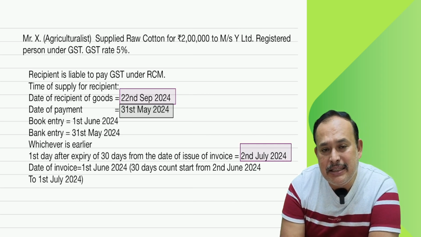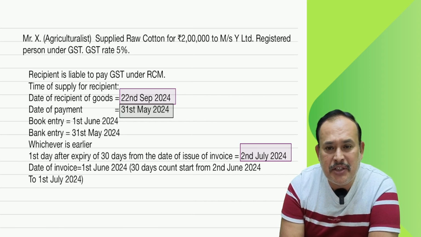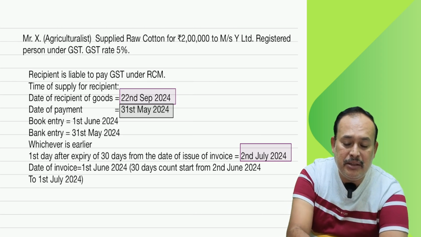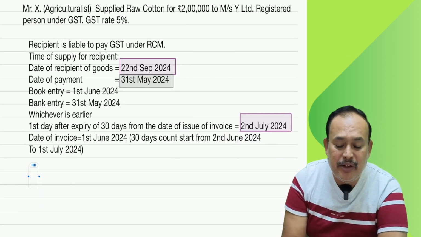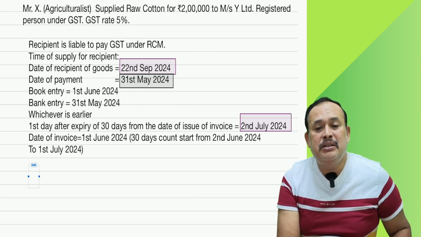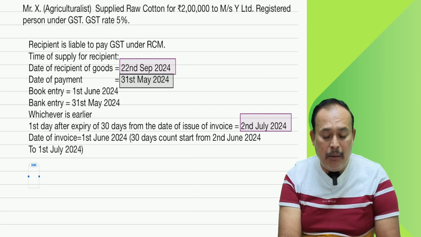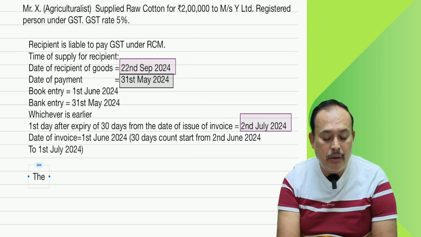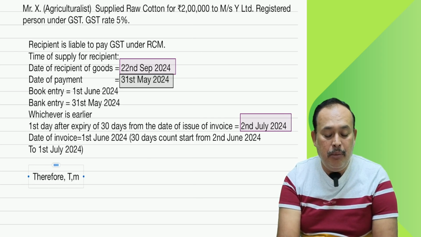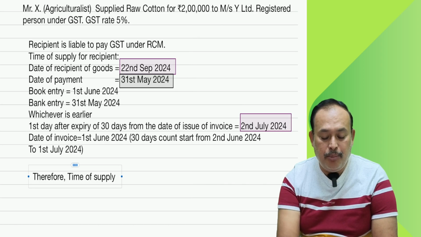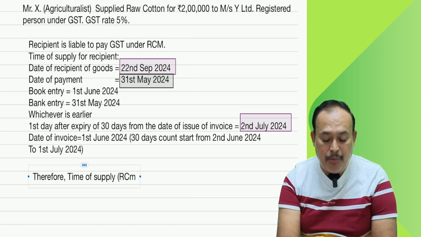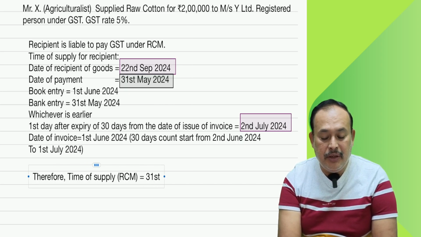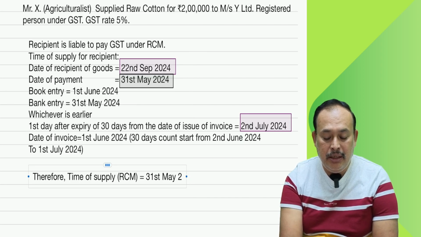There are 3 dates, say 22nd September, 31st May, 2nd July. Which is earlier among the 3? The earlier one here is 31st May 2024. Among the 3, whichever is earlier. Therefore, time of supply in case RCM applies in the hands of the recipient is 31st May 2024.